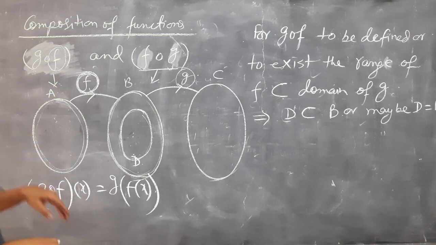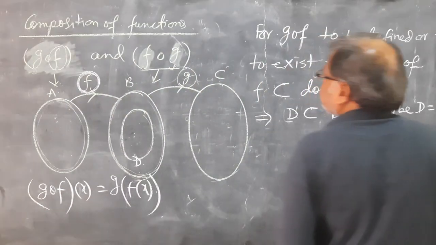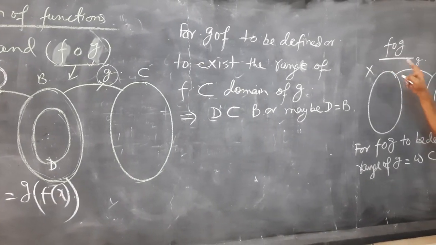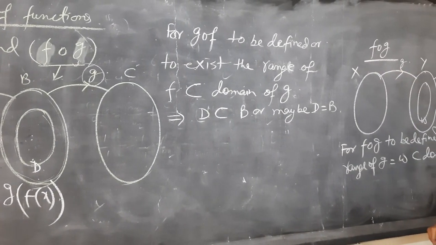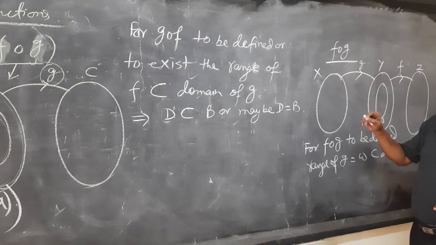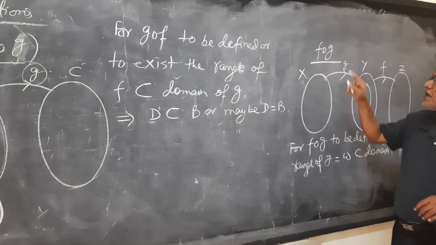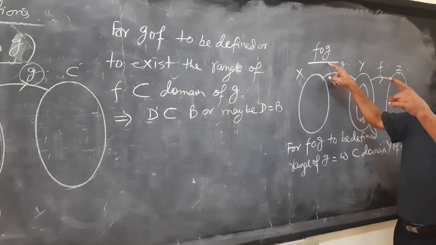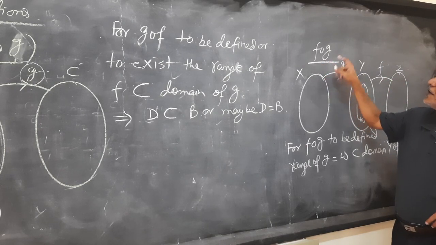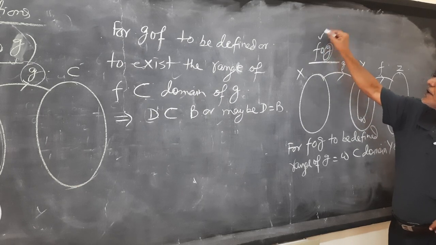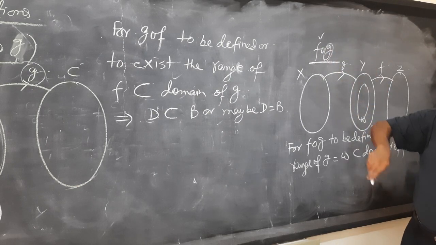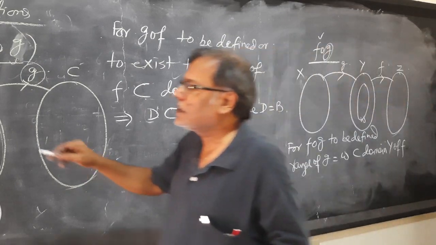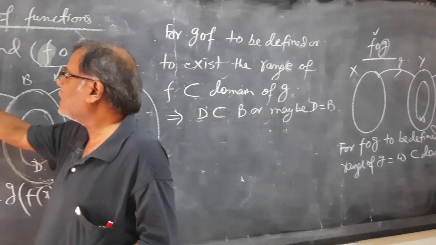Now coming to the next thing, that is FOG. In order to explain this FOG, you see the difference between GOF and FOG. Here g is written later than f, and when I wrote GOF, f was written after g.